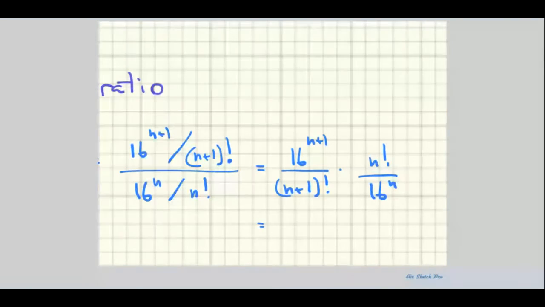I'm looking at this divided by this, 16 to the n plus 1 over 16 to the n.